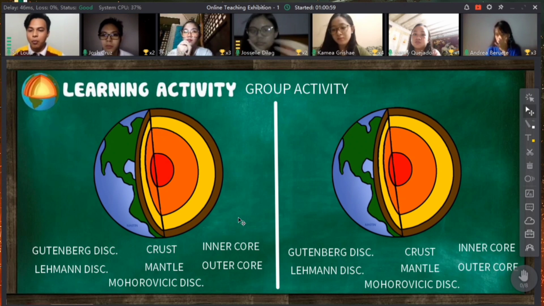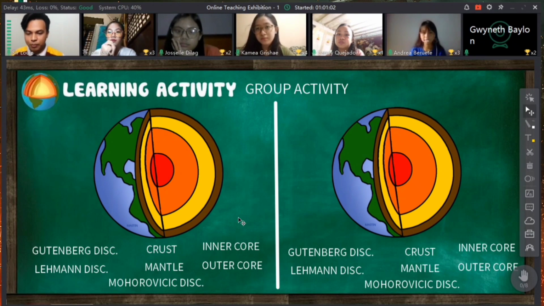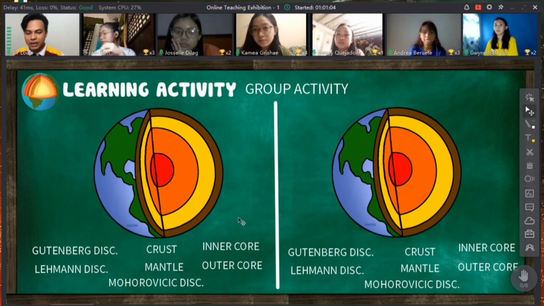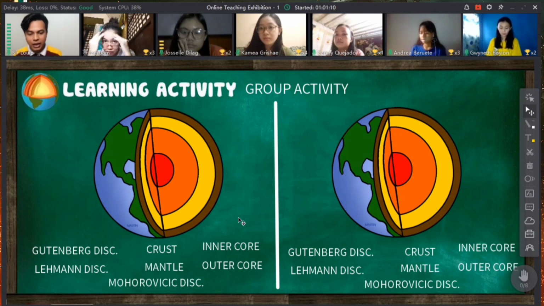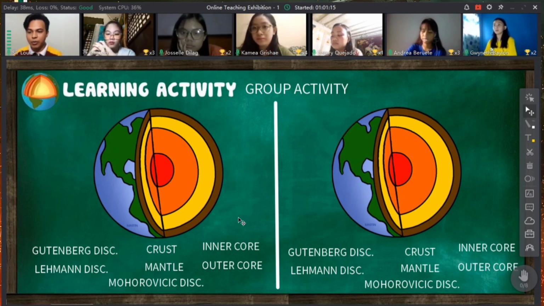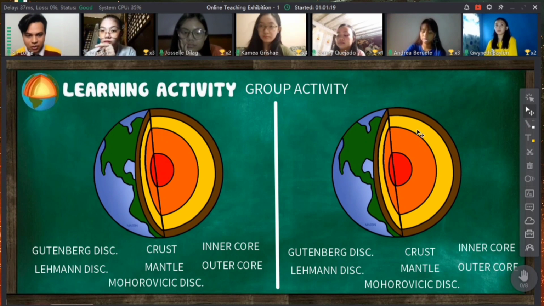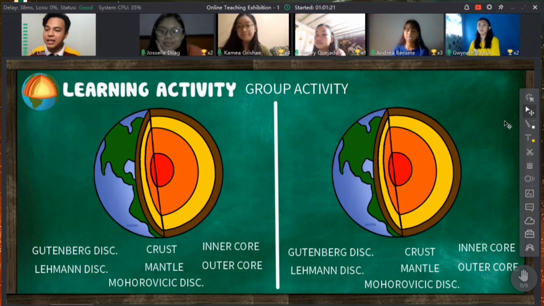So if you are in group 1, you will be doing the task on the left side, and if you are in group 2, you will be working with the image on the right side. So again, group 1 on the left side, and group 2 on the right side. I will be giving you 2 minutes in each group.